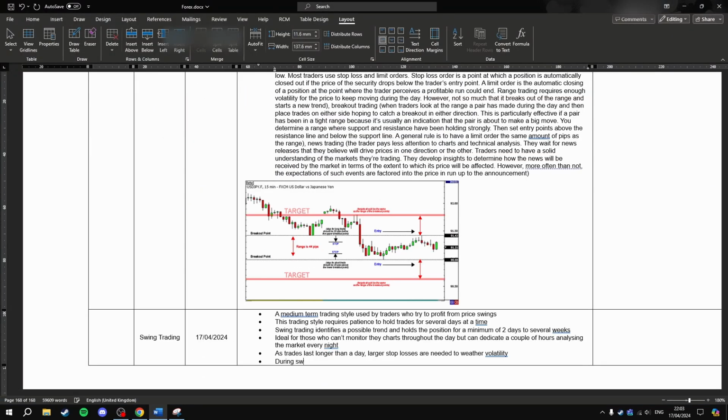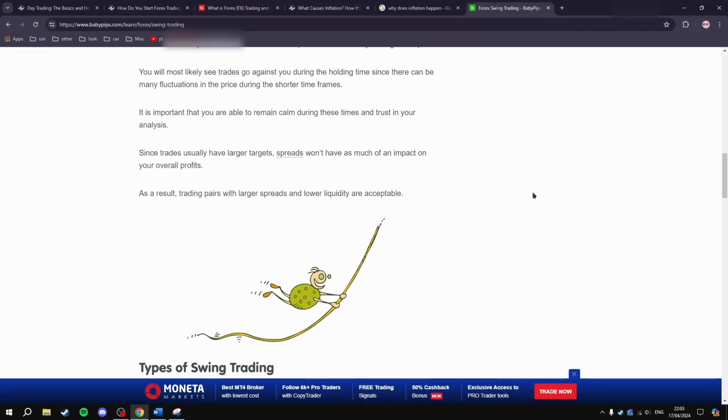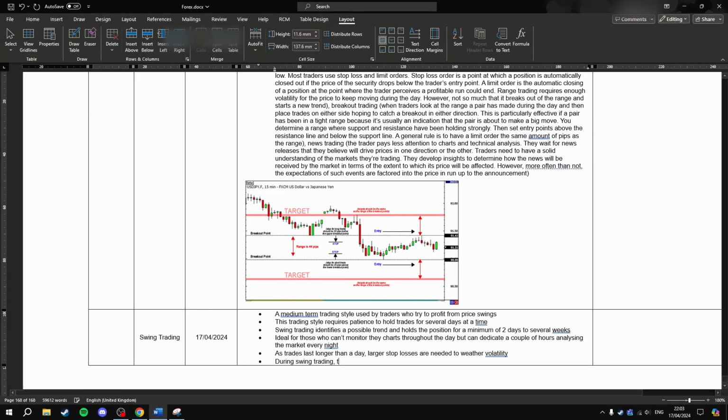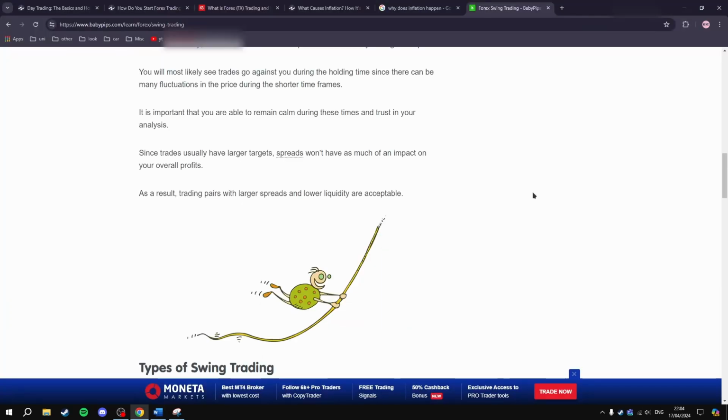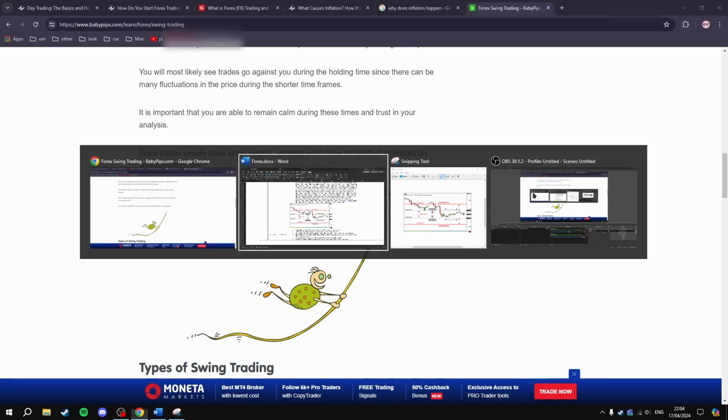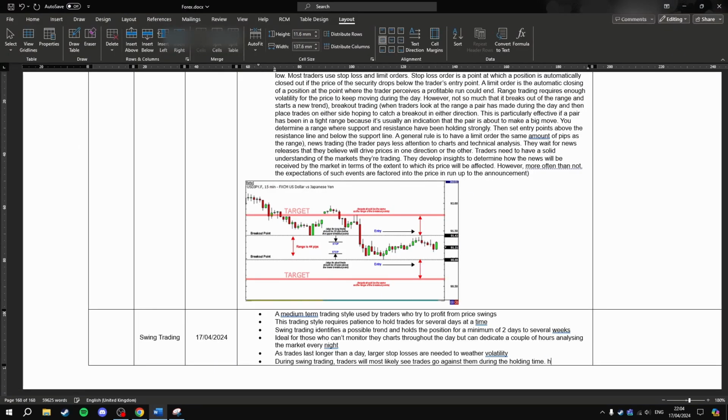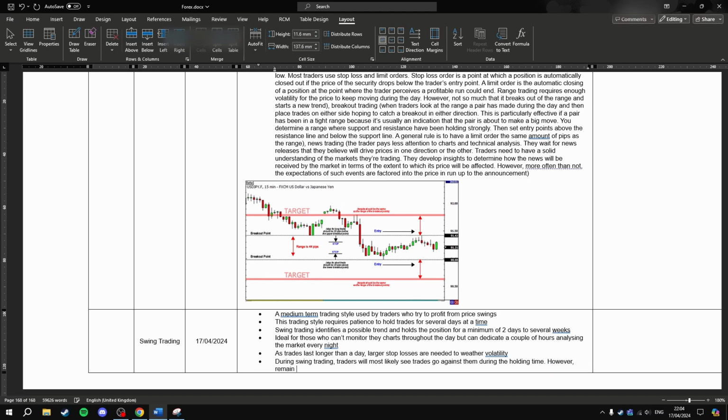During swing trading, traders will most likely see trades go against them during the holding time. However, remain calm and trust in the analysis.